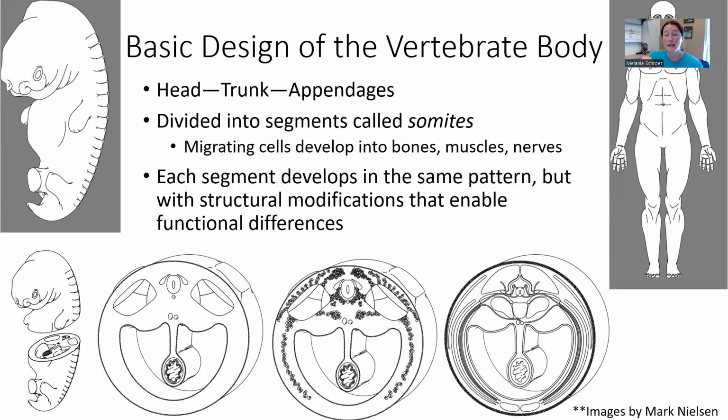Any differences that we see from segment to segment have some sort of functional story associated with them. Structural modifications enable functional differences. You might imagine that the thoracic segments behave a little differently than the lumbar segments. I bring this up so that you can look for the pattern and reduce your cognitive load. You can learn the pattern once and then apply it to all of the different segments.